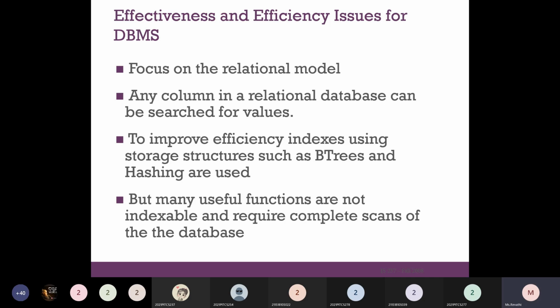To enable a fast search, we can use an index by deploying storage structures like B plus trees or hashing mechanisms. Whereas in the real world, many functions are not indexable, and their implementation requires a complete scan of the database. So we can improve the efficiency through indexing.